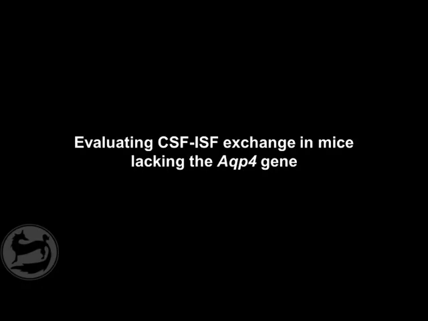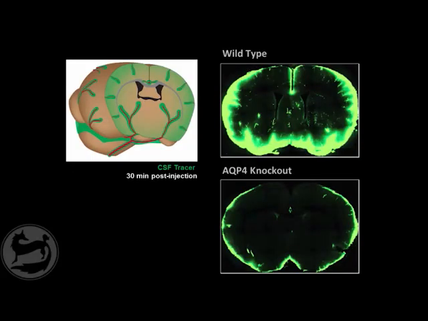This hypothesis has been tested experimentally in mice that have had the gene encoding aquaporin 4 knocked out. The rate of paravascular influx of CSF into and through the brain interstitium can be measured by infusing fluorescent CSF tracer into the CSF of the cisterna magna, then imaging the movement of tracer into the brain at defined time periods after tracer infusion.